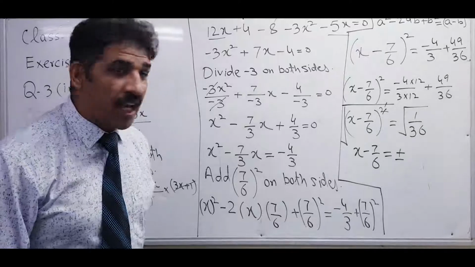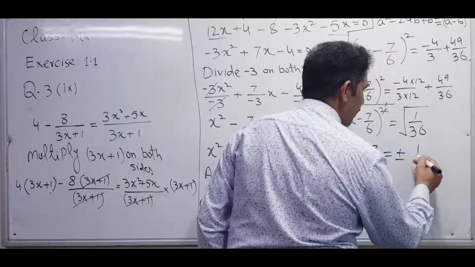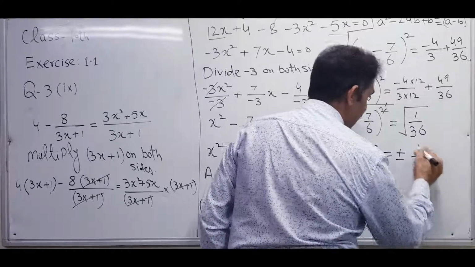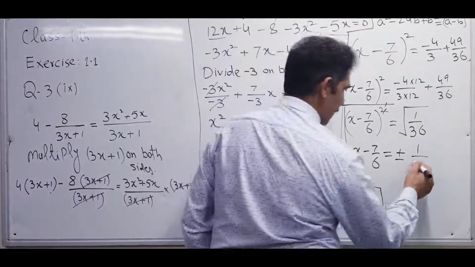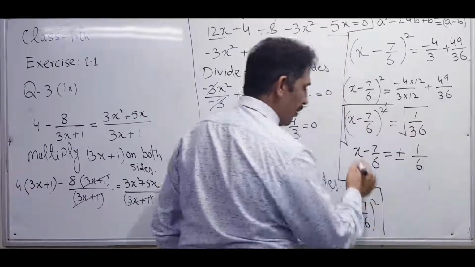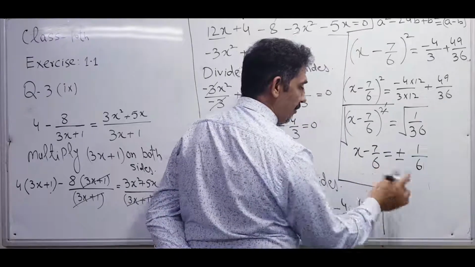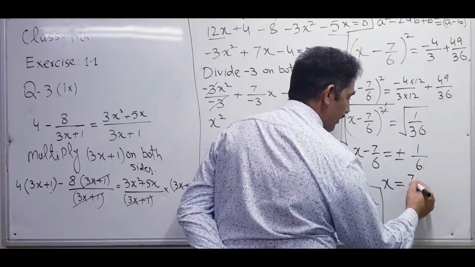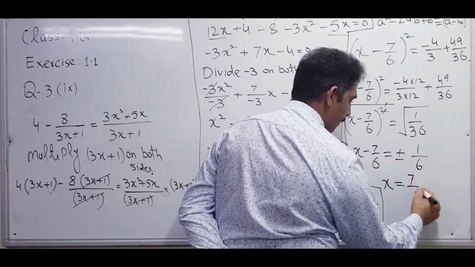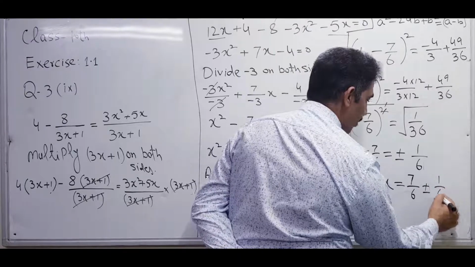Square root of 1, what is that? 1, because 1 times 1 is 1, and square root of 36 is 6. Good. Now we have to solve. So x is equal to minus 7 over 6, shifting to the other side, it will become plus 7 over 6 and plus minus 1 over 6.